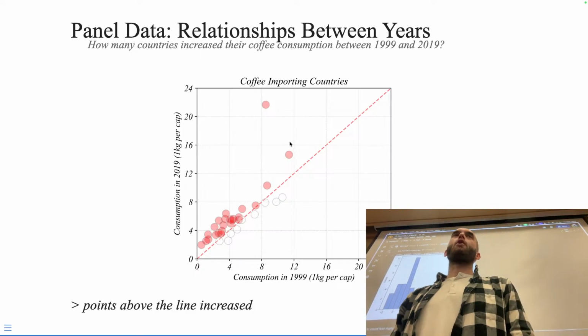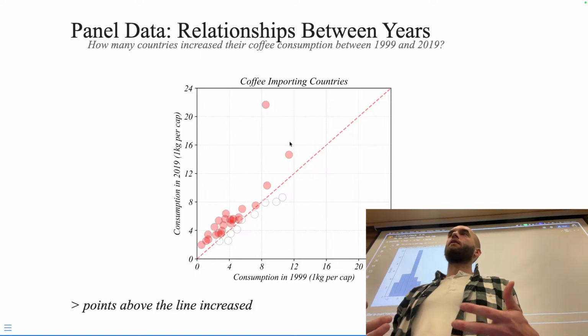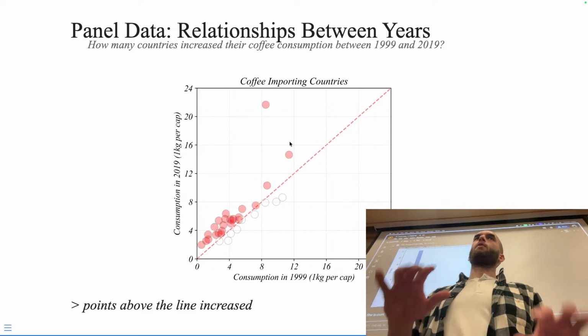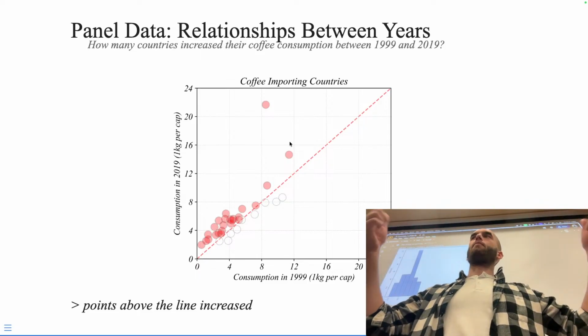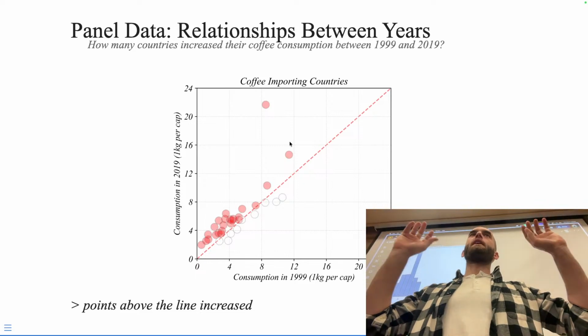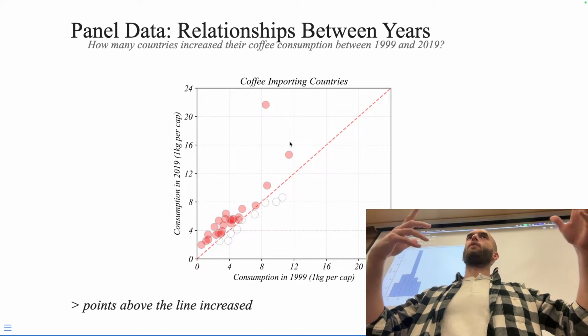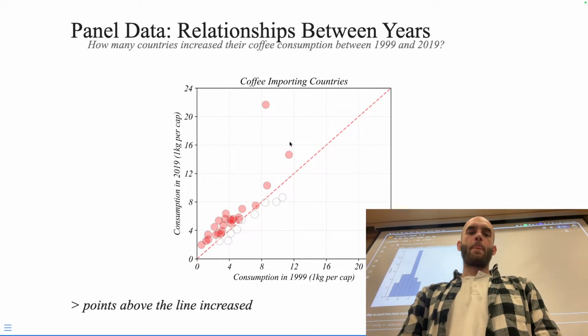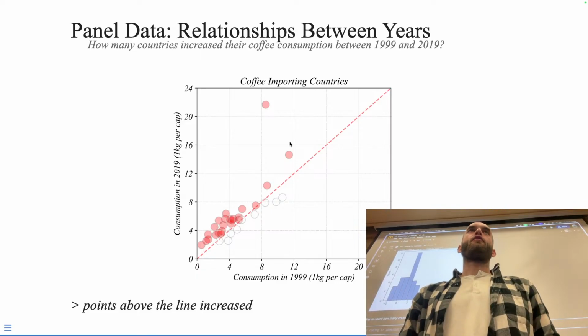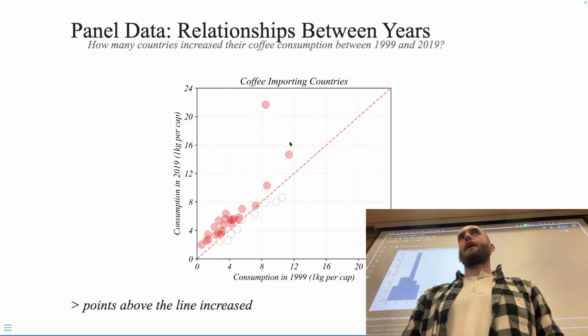I've given you a little bit of code in the slides to be able to select from our data set, and we're going to spend a lot more time doing this in part 2. But just to give you a picture of the kinds of things we can do with filters, all I need to do is select for the rows where we saw an increase in coffee consumption per capita.